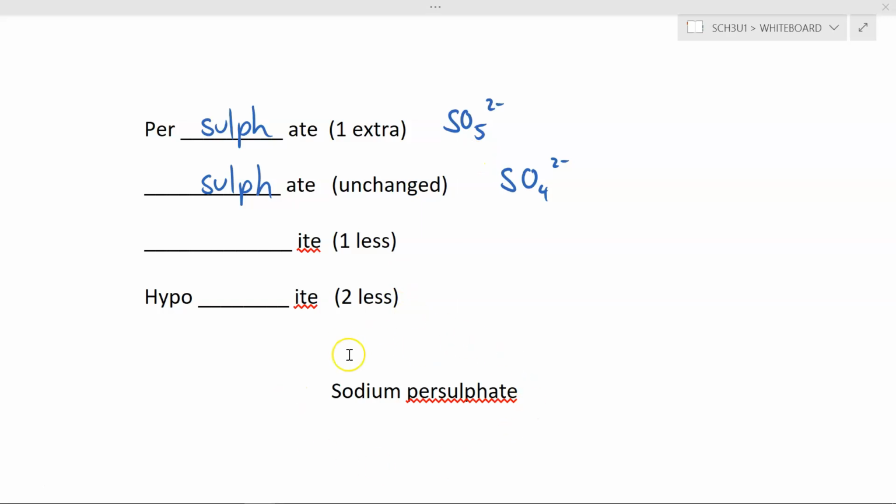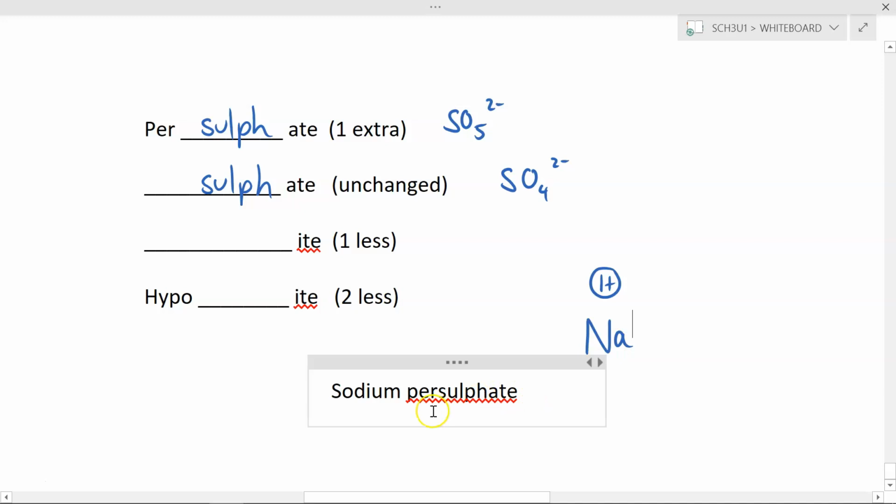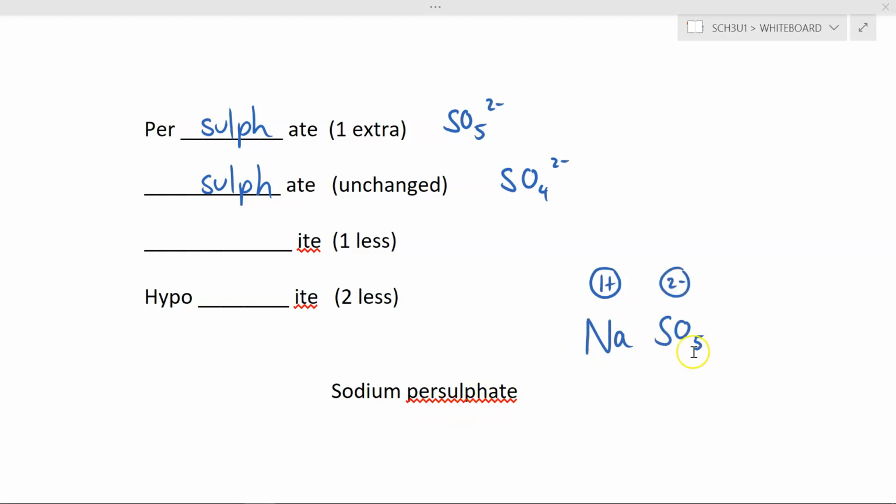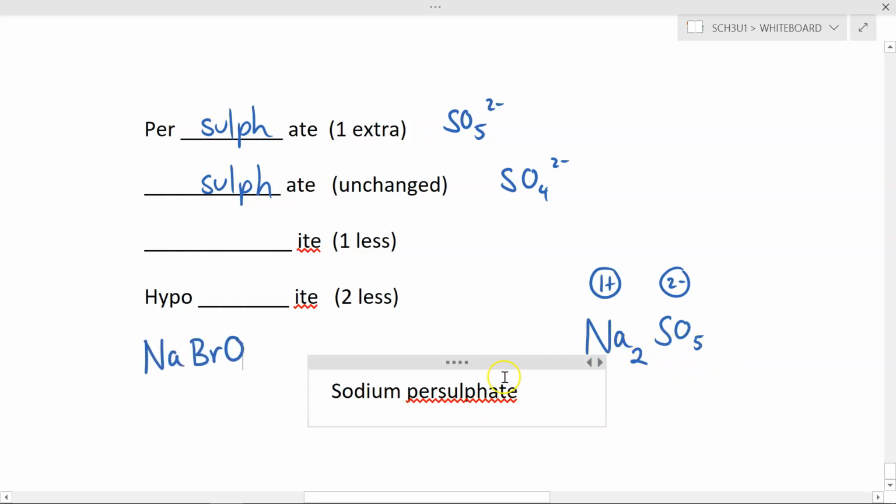So if I were to write out this chemical formula, sodium is an Na with a 1+ charge, while persulfate is an SO5 with a 2- charge. From here, just zero sum, so I'll need 2 of these sodiums, and now I've got a stable compound, sodium persulfate, Na2SO5.